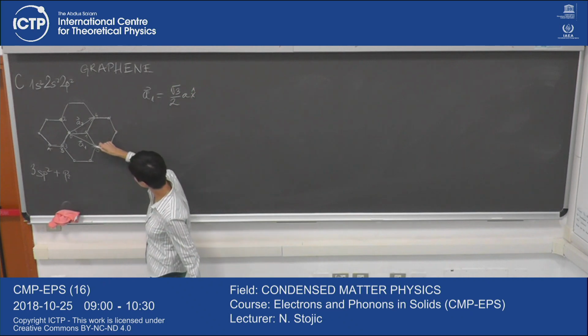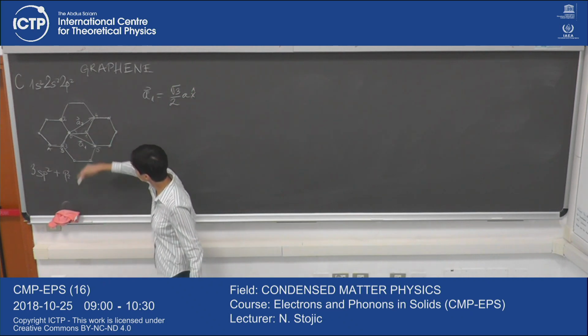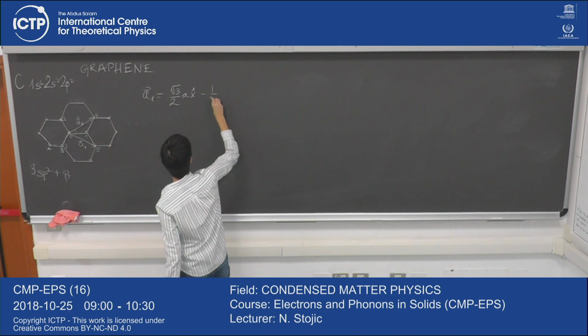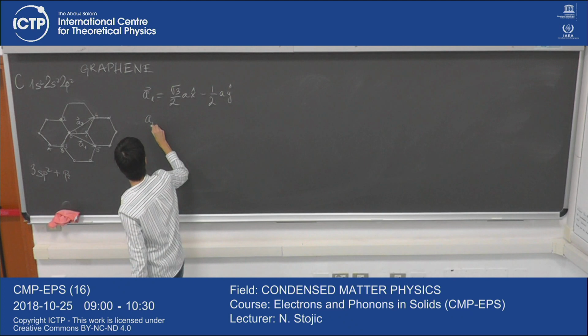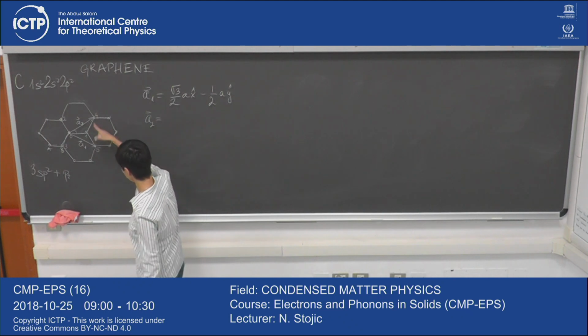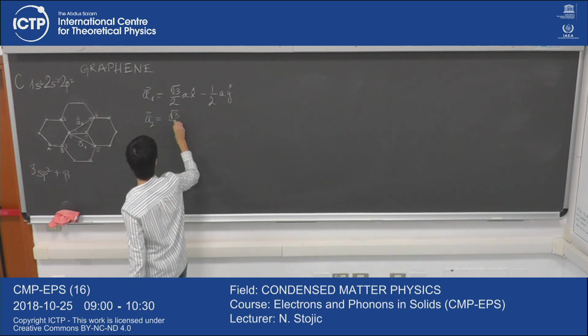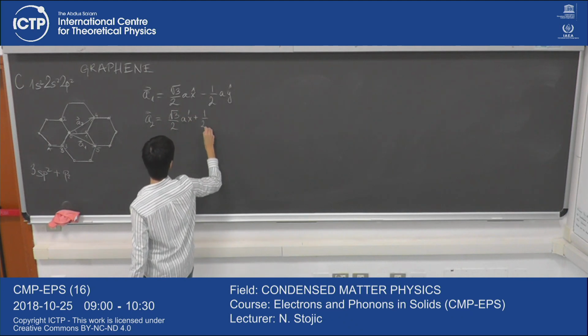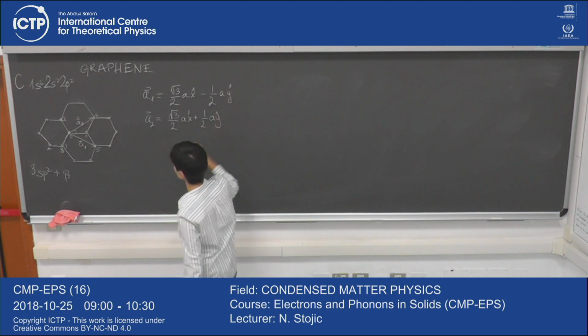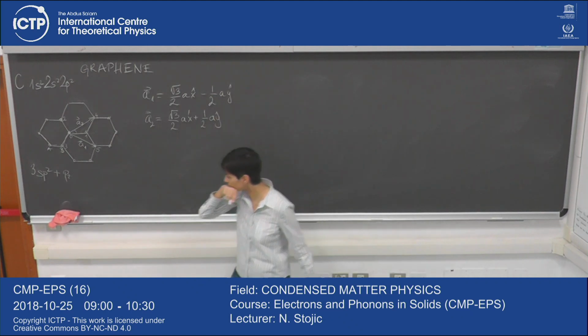And the y will be negative sine 30. And a symmetric thing for the other vector.